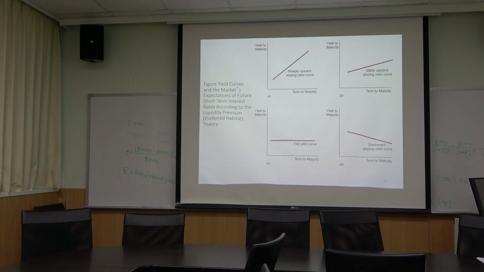I'm going to teach you the liquidity premium preferred habitat theory, and there are 4 types of yield curves. I would like you to use the liquidity premium theory to explain why panel A has a steeply upward sloping yield curve, and B has a mildly upward sloping yield curve. For C, the yield curve is flat. For D, the yield curve is downward sloping.